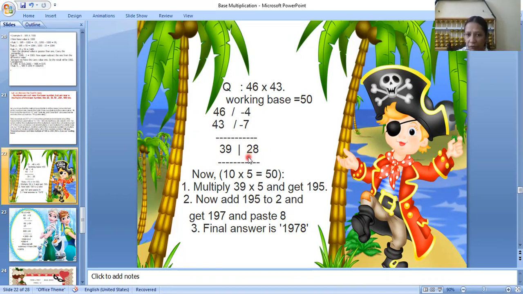How will you shift this 2? You will add this 2 with this 195, and you will get here 197. So now when you have shifted this 2, only 8 is left here. So you will take 197 and paste the 8 with this. So the final answer is 1978. So like this you have to do this work.